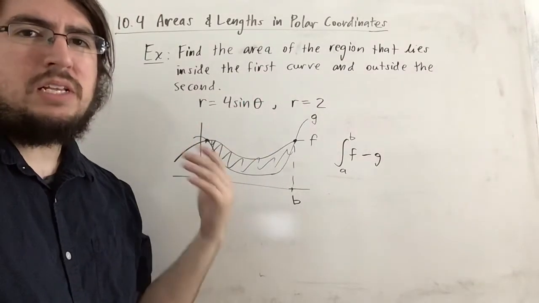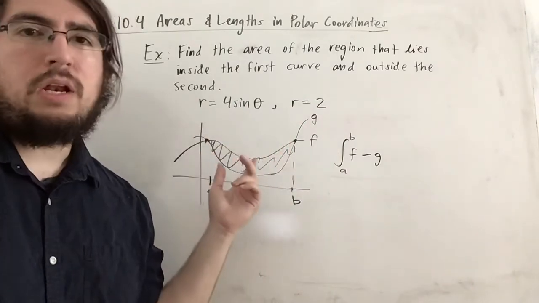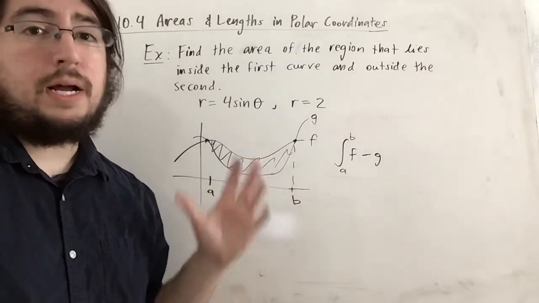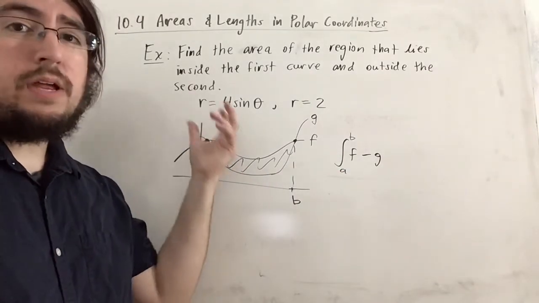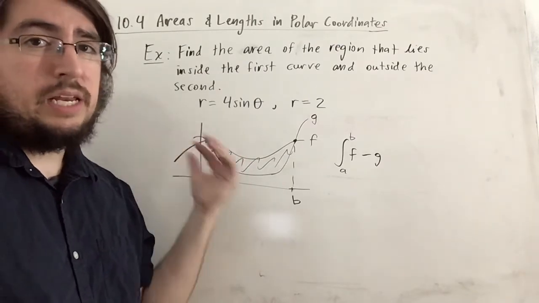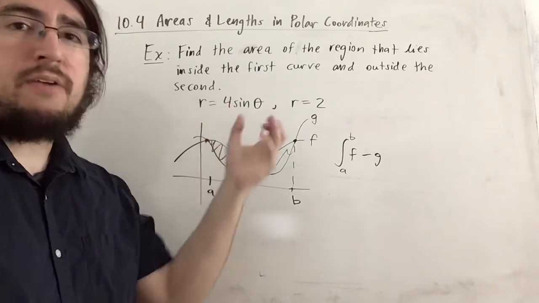Now, the other thing too is that we're not just doing the integral of the function only, because in Cartesian, area under the curve is just the integral of the function, but with polar, the area that's enclosed in the curve between 2 theta values is the integral of 1/2 r squared. So we need to use that integrand for each of them.